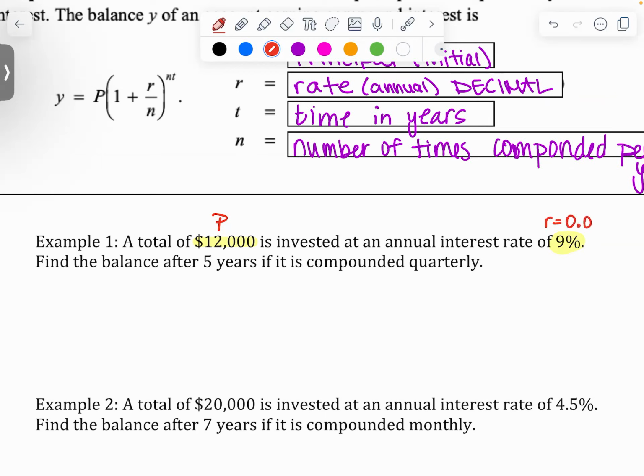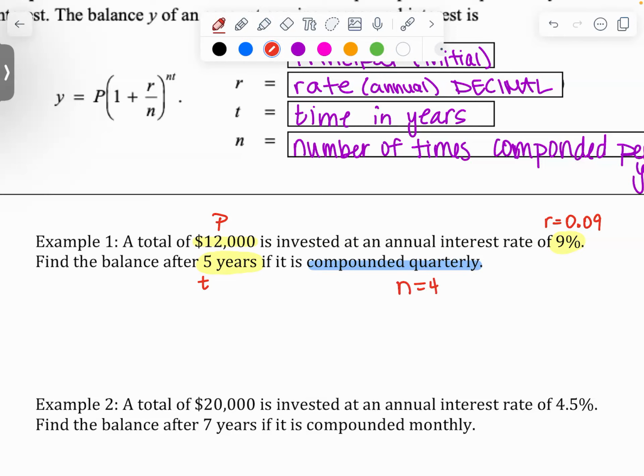Okay, so R is 0.09. We want to find the balance after 5 years. What does that give us? T. N is something different. Compounded quarterly, which tells us that N is what? Quarterly means 4. There's 4 quarters in a whole.